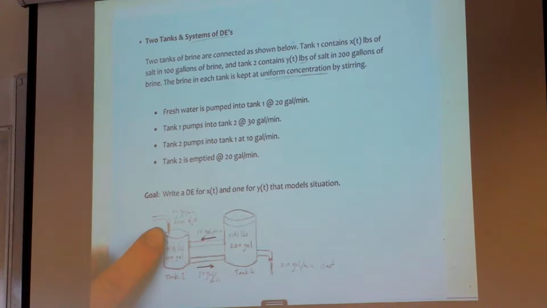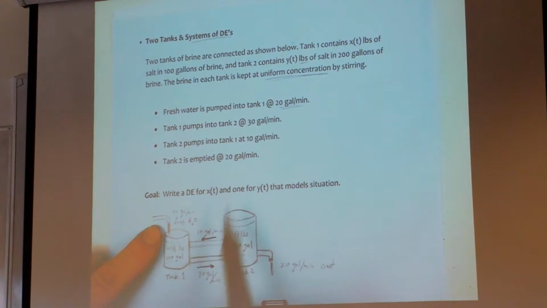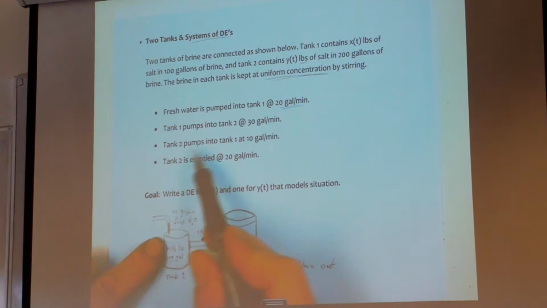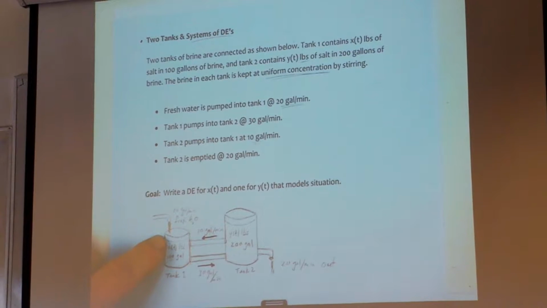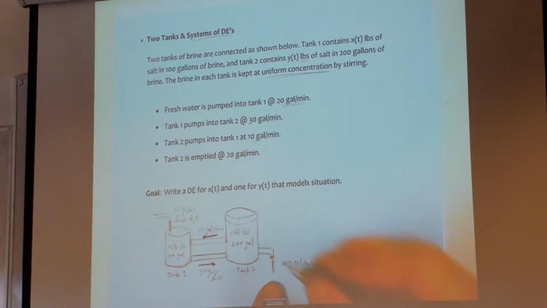There's fresh water coming into tank 1, being pumped in at 20 gallons per minute. That's fresh water, so no salt. Tank 1 pumps into tank 2 at 30 gallons a minute. Tank 2 in turn pumps into tank 1 at a rate of 10 gallons per minute. All right, and then tank 2 is being emptied at a constant rate of 20 gallons per minute.